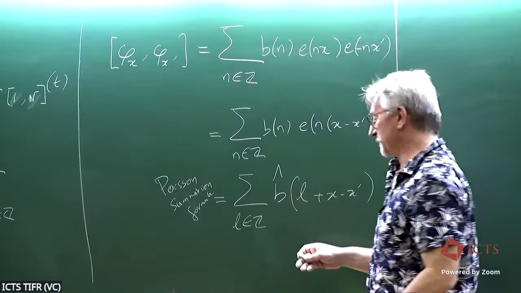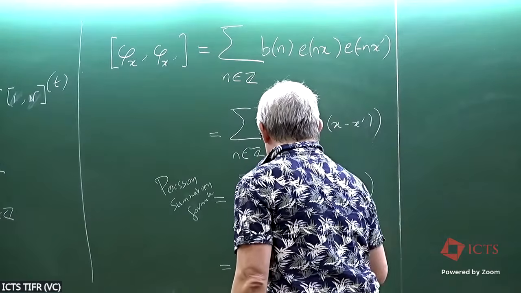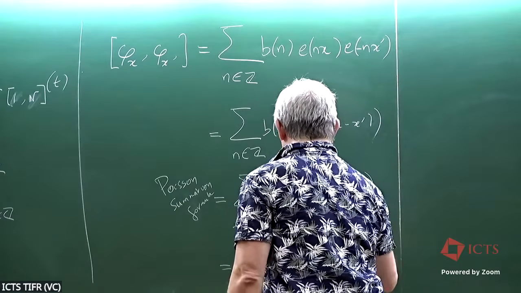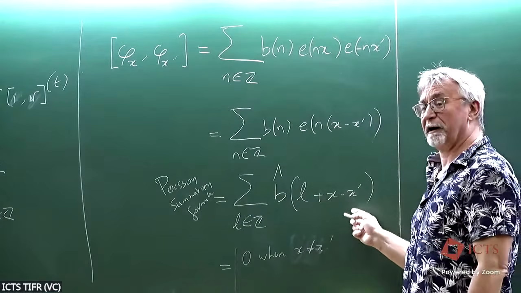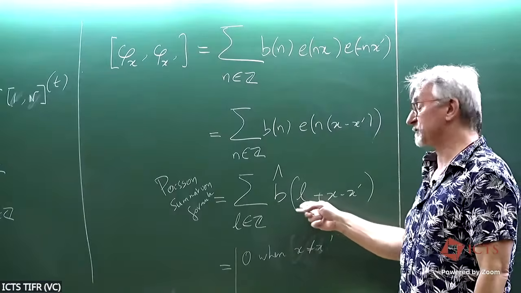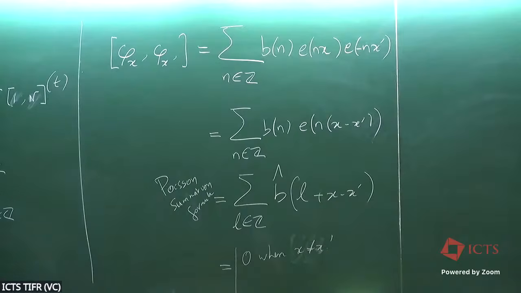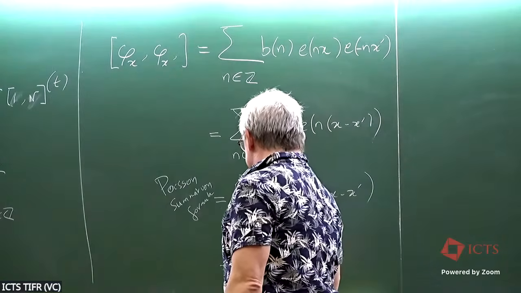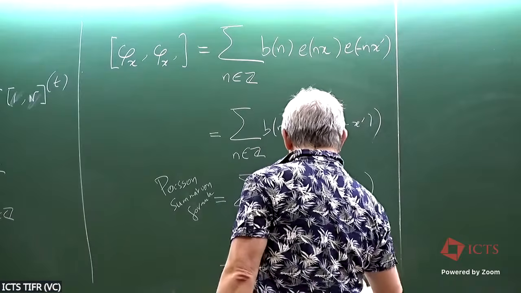That's magic, I agree. It equals 0 when x is different from x prime. When x equals x prime, you have b hat of 0, that's my value, 2n minus 1, which is about 2n plus delta minus 1. That's n plus delta minus 1 when x equals x prime.